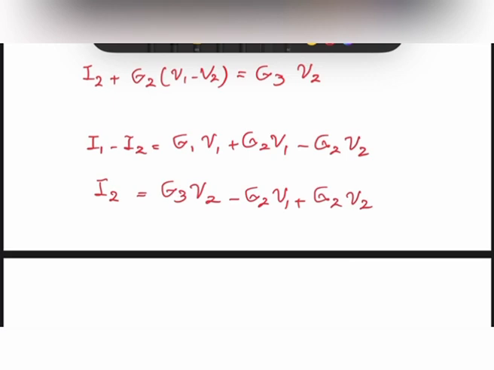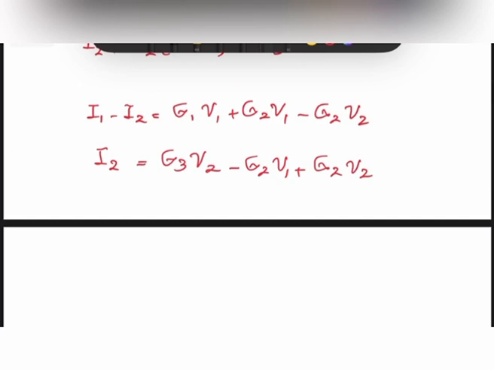Then I can even write this in matrix form in order to solve it with other methods that I will explain later on. So if I want to write this in matrix form, I can create a matrix for G. What I have for V1 and V2: in the first equation, for V1, I have G1 plus G2, and for V2 I have minus G2.